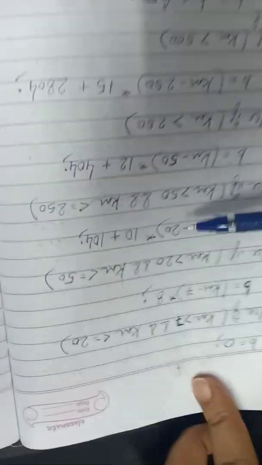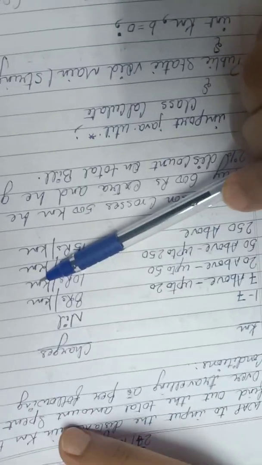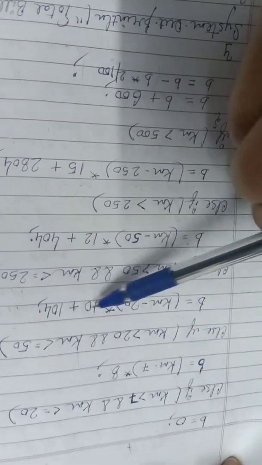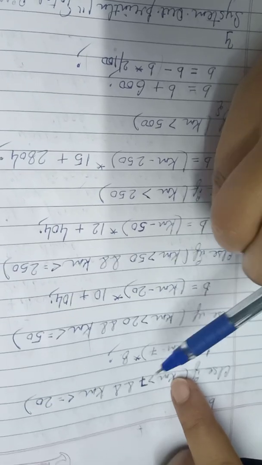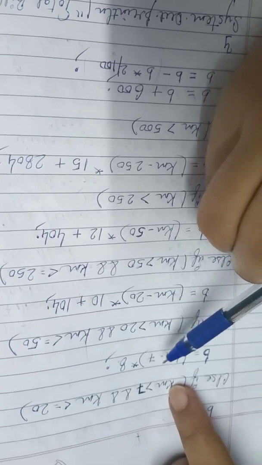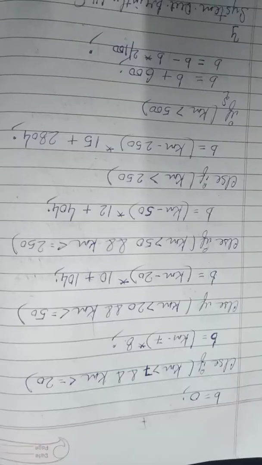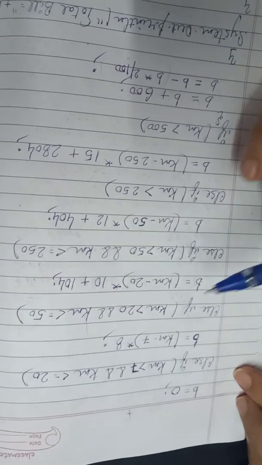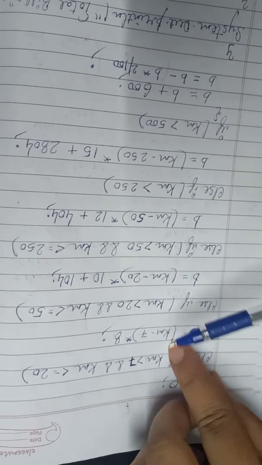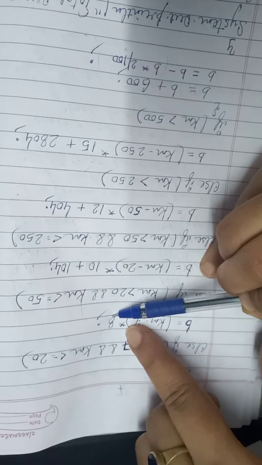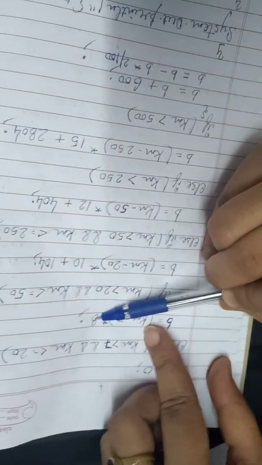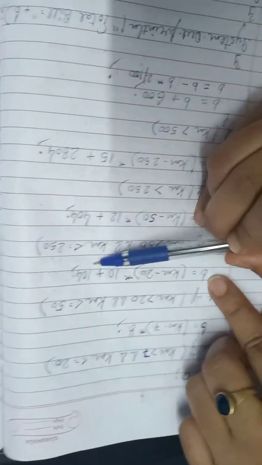We just reduce this 20 and multiply by 10 because the charge is 10 rupees per kilometer for this condition, plus the previous charge. Here 20 minus 7 is 13, and 13 into 8 is 104, and we add this previous charge to the next value. It will be added here.